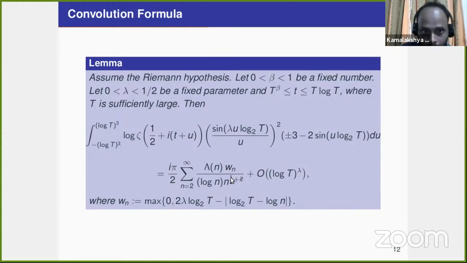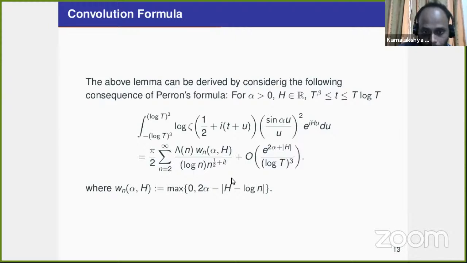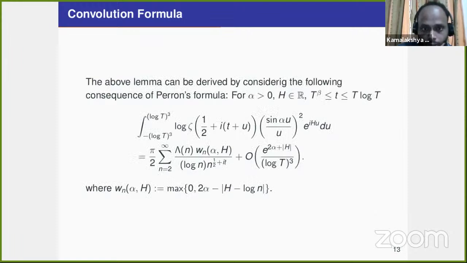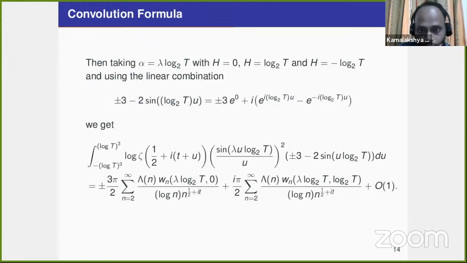Why? Because once we put this resonator over here, R(t) squared phi(t) by t dt, each term will be positive.